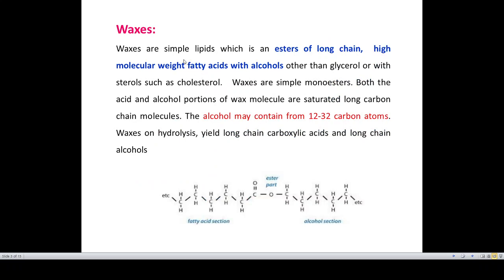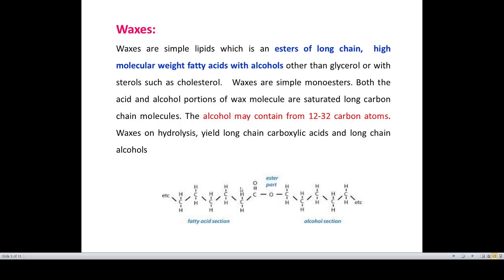Unlike soaps, waxes are simple lipids where we have an esterification linkage between a long chain, high molecular weight fatty acid and an alcohol. However, in waxes we do not find the alcohol glycerol, but we can have sterols such as cholesterol.